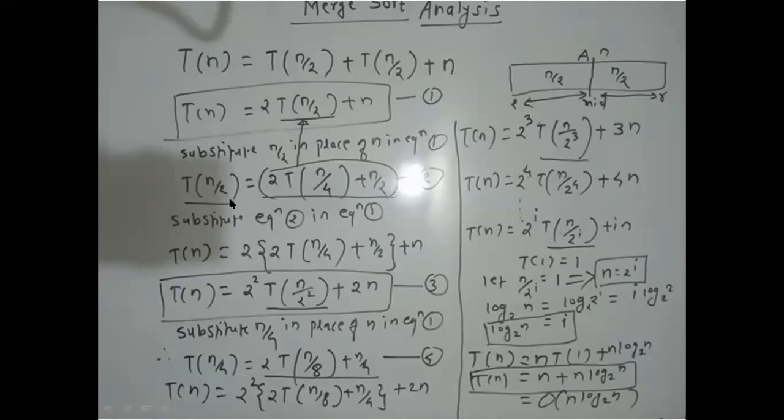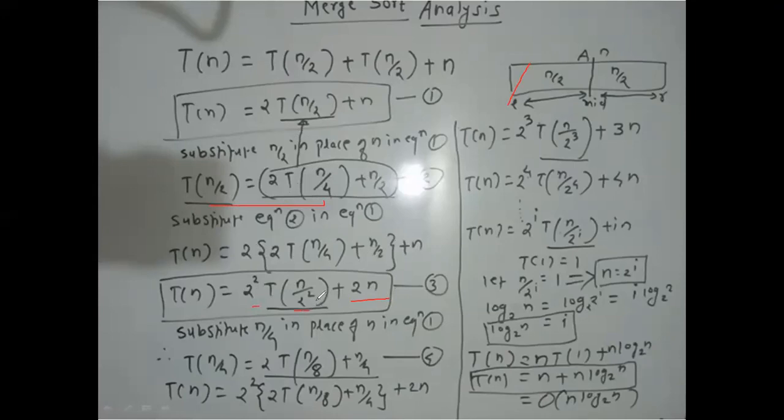Substitute n by 2 in this equation. So 2 times 2T of n by 4, then n plus n, the 2 cancels, so we get 2n, and 2 into 2 is 2 square.